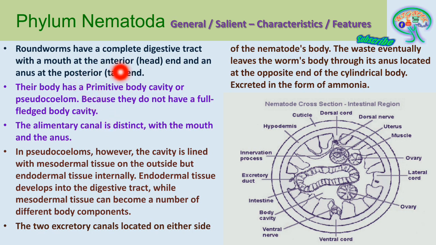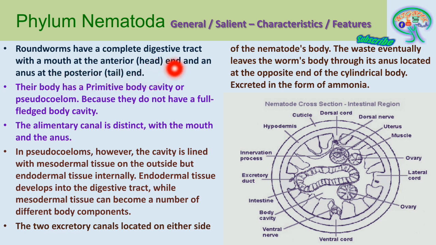Roundworms have a complete digestive tract with a mouth at the anterior end and an anus at the posterior end. You would have observed in the first slide we discussed that the appearance does not show the head or the tail of the organism visually, but with the help of magnifying glasses or any equipment which gives magnification within the labs, it shows the head and an anus at the posterior end.